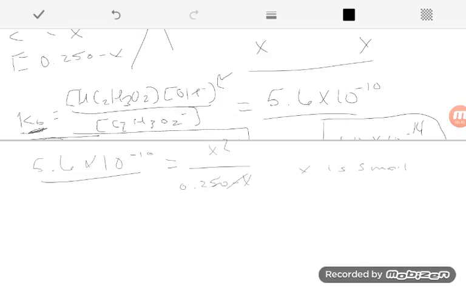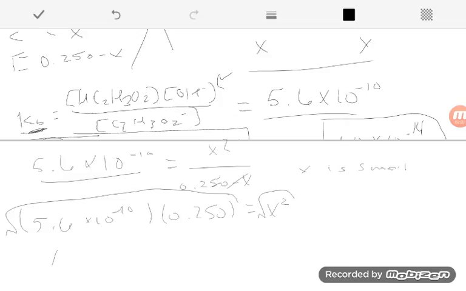Then I'm going to move this 0.250 over to the other side. So I'll have 5.6 times 10 to the negative 10 times 0.250 is equal to x squared. And then to solve for x, I just need to take the square root of both sides. So when I do that, I find that x is equal to 1.2 times 10 to the negative 5.